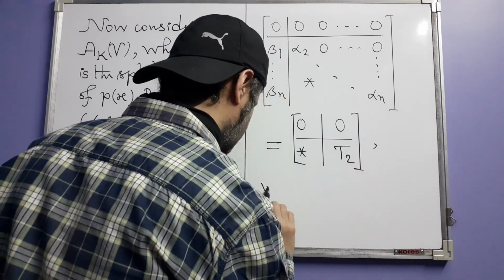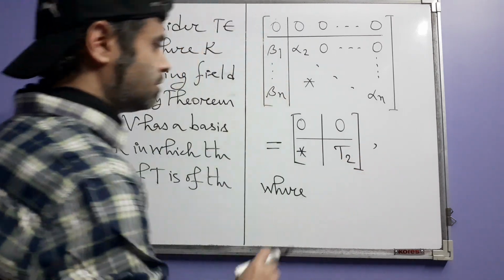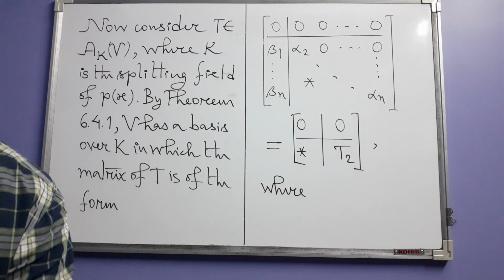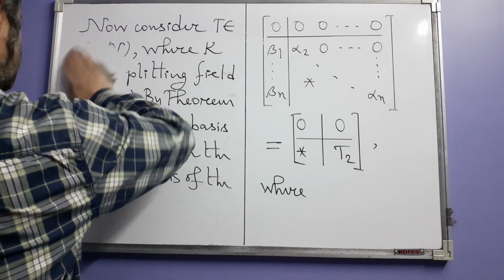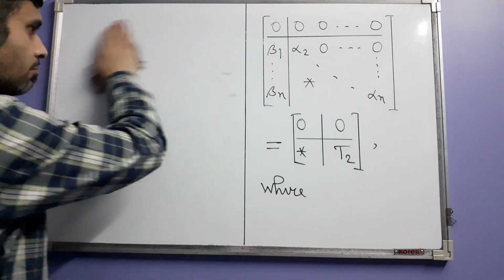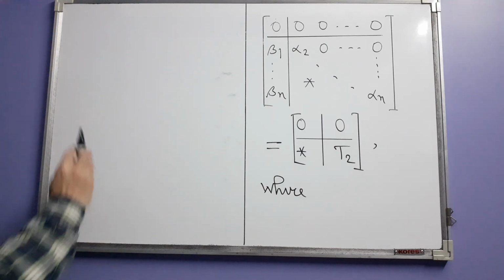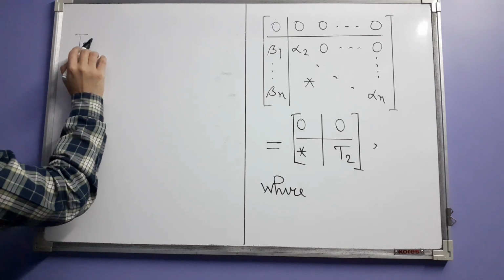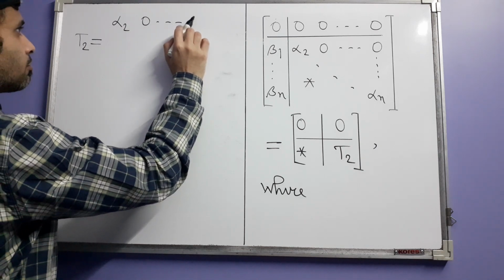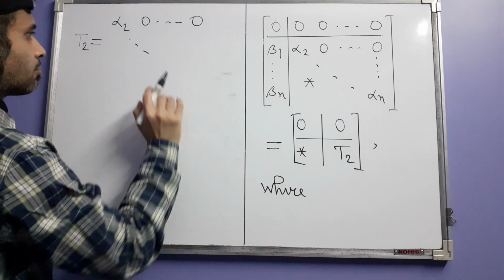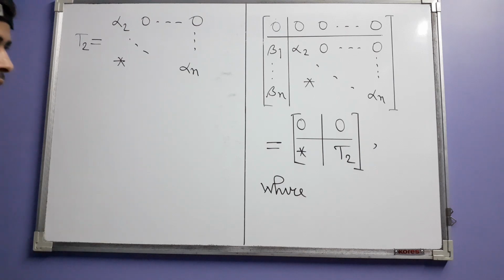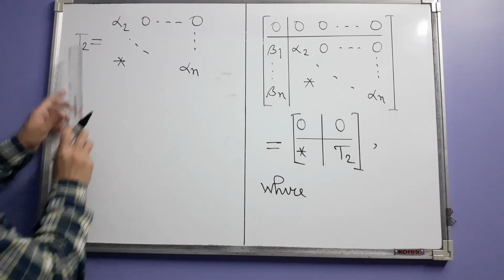Where T2 is this matrix, and it's an n minus 1 by n minus 1 matrix.